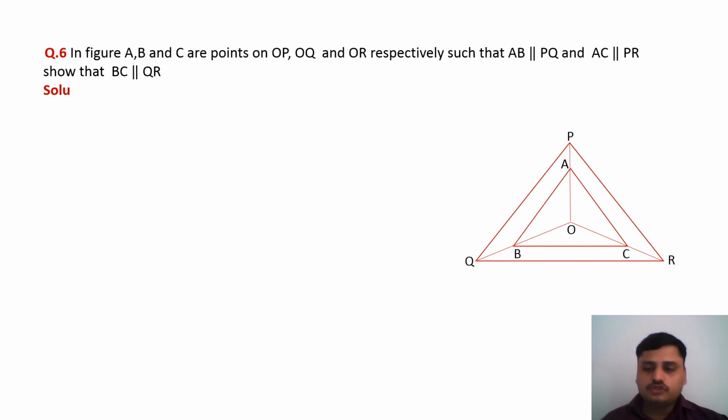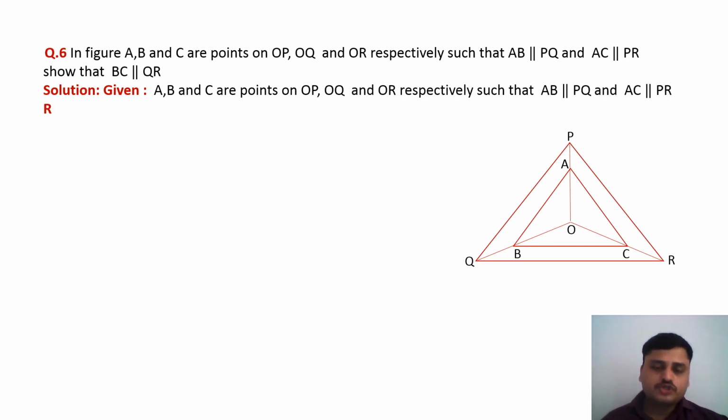We need to show that BC is parallel to QR. We will write in given: A, B, C are points on OP, OQ and OR respectively. We need to show in RTP that BC is parallel to QR.